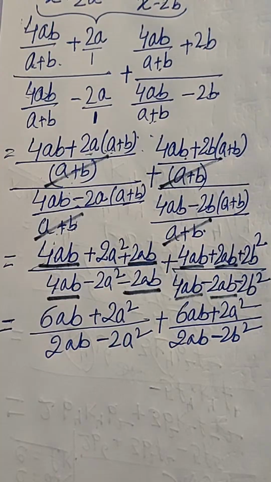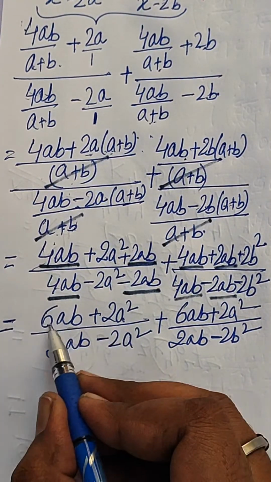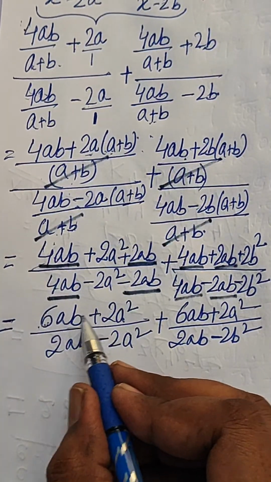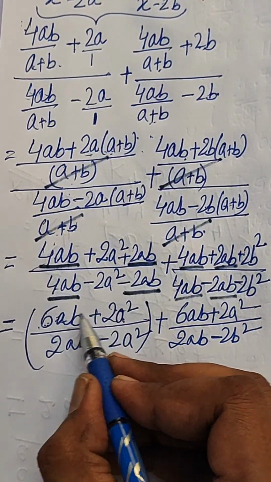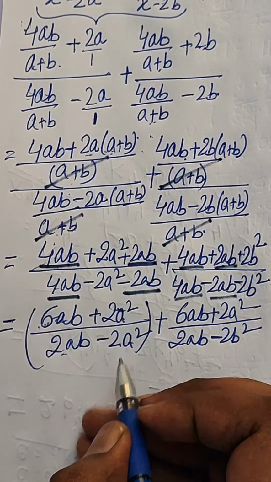So here you can see 2a is common in all these two terms of the numerator of the first fraction. Here you can see 2a is taken as common. In the denominator also 2a can be taken as common.